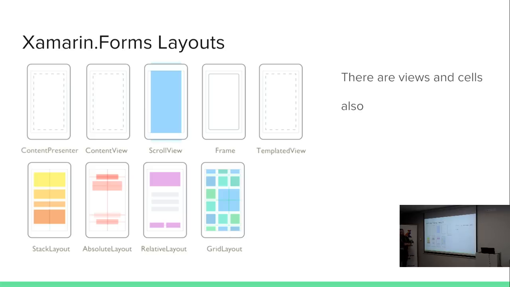There is a big topic there which I will skip. Xamarin also allows you to build, let's say, hybrid applications. By hybrid application, I mean an application for mobile devices plus web applications.